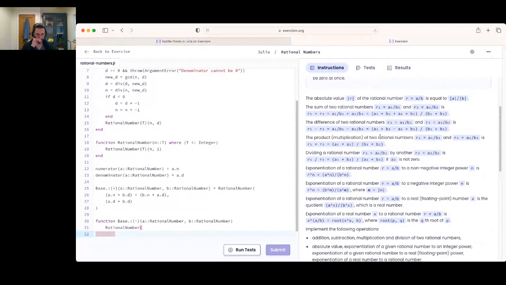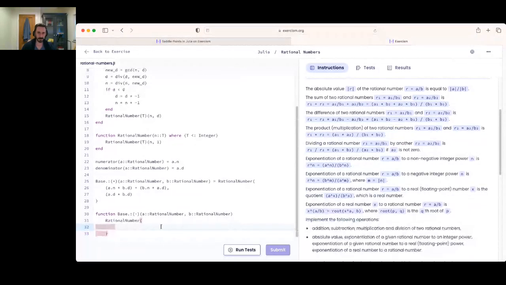So the difference should be fairly straightforward. So R1 minus R2 is, so A is the numerator, B is the denominator, not the other way around. So our numerator is going to be A dot numerator times the B dot denominator minus the A dot denominator.